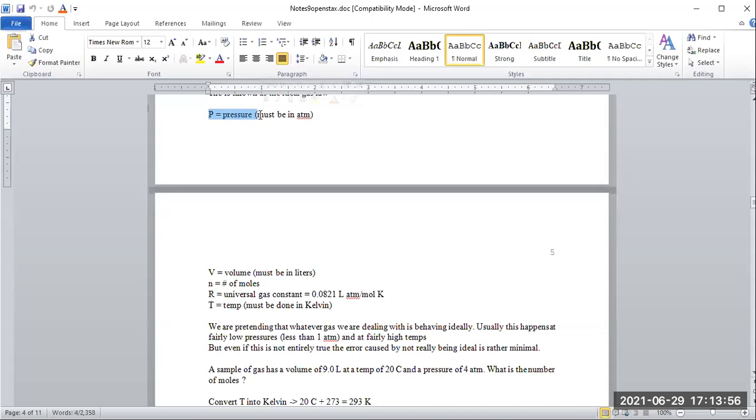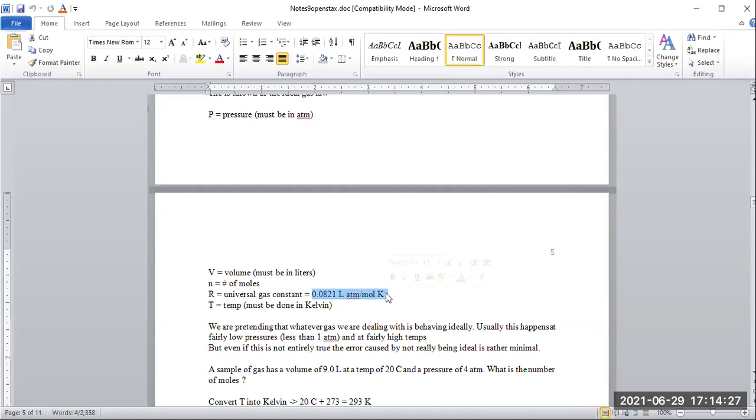If you go on to take 112, there is a variation on this particular equation that makes use of a different unit, millimeters of mercury. Your volume must be in liters. All of this matches up with your universal gas constant, which is 0.0821.